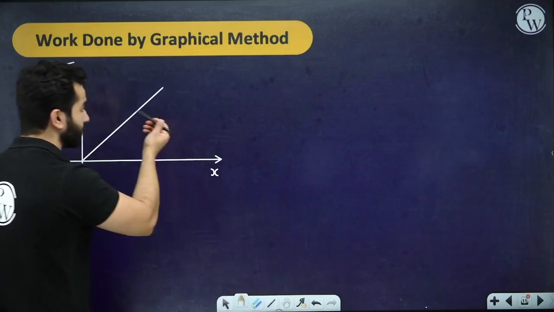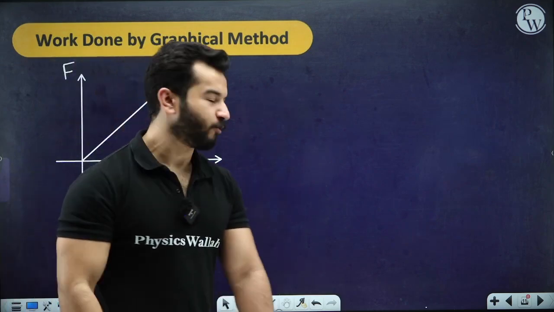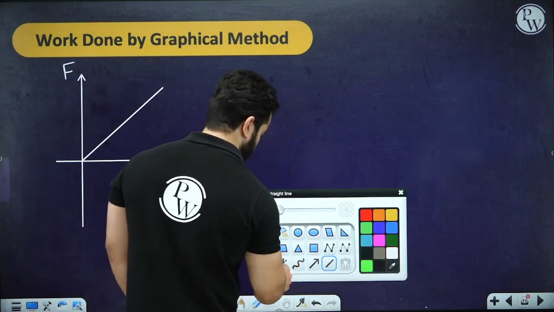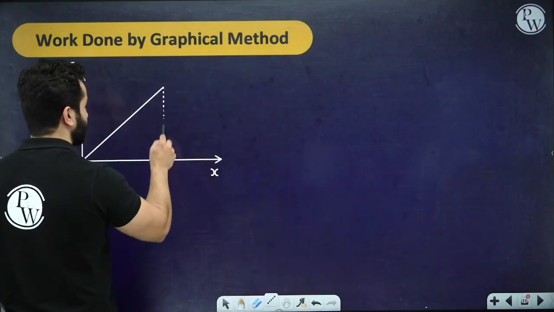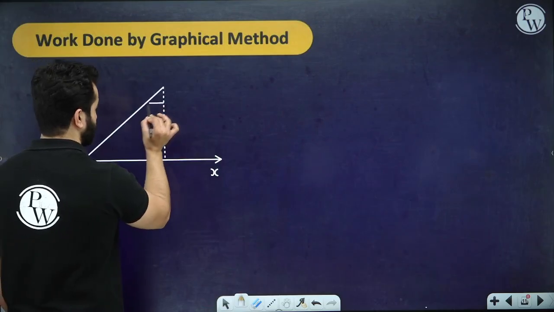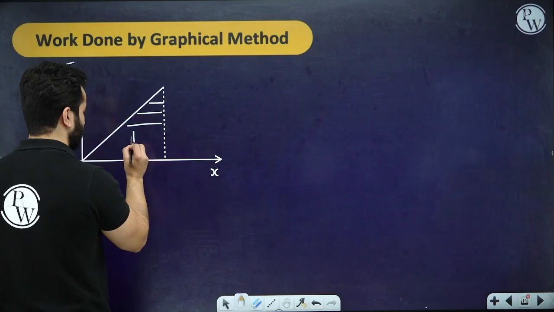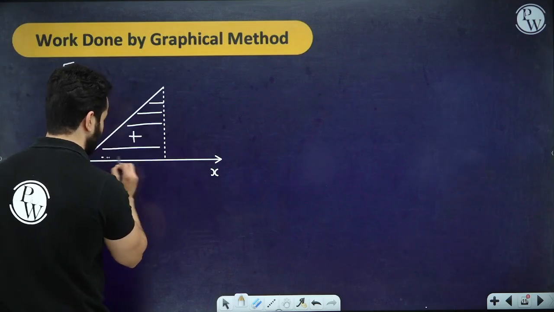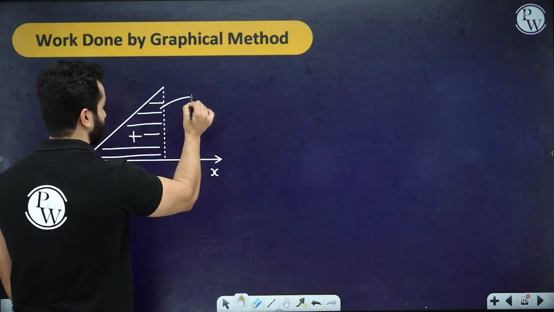So definitely it's work done by a variable force, isn't it? So the area under this graph is going to be the work done, this area, and by the way, this is going to be considered as a positive area and positive work done.